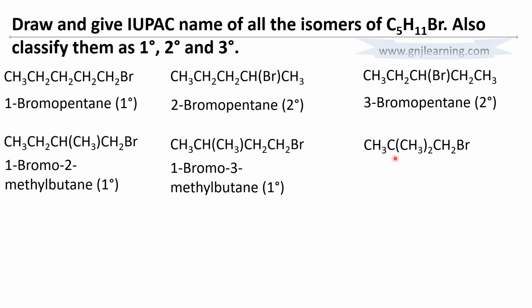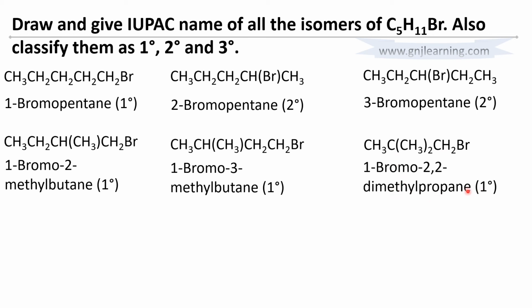If I count 1, 2, 3, this will be 1-bromo-2,2-dimethylpropane. So I have two methyl groups attached to this carbon, and on the first position I have bromine.